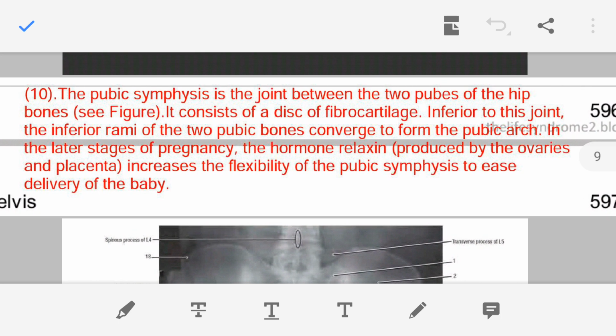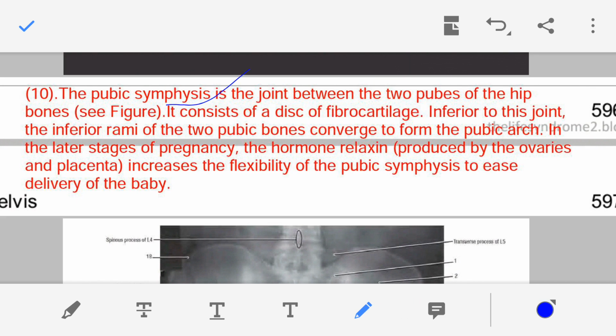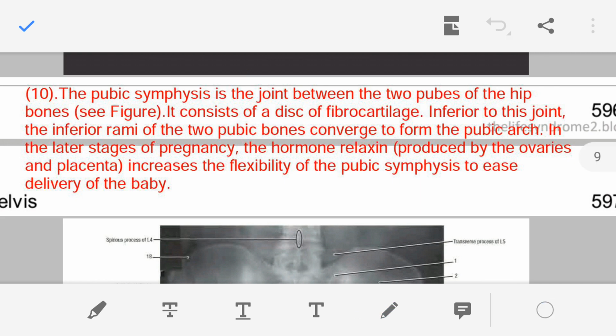So that is the meaning of this first line. And what is this pubic symphysis made up of? It consists of a disc of fibrocartilage.